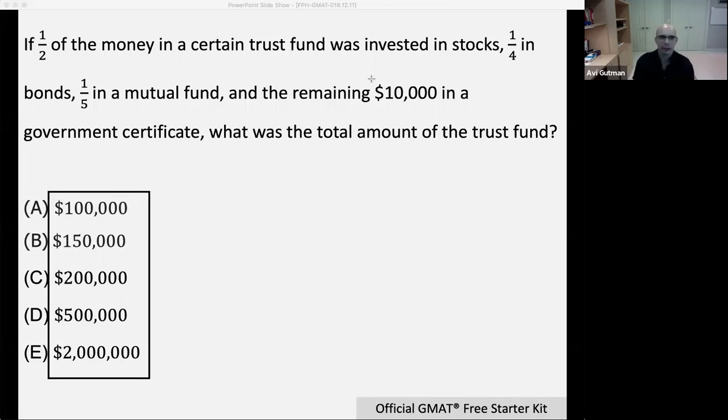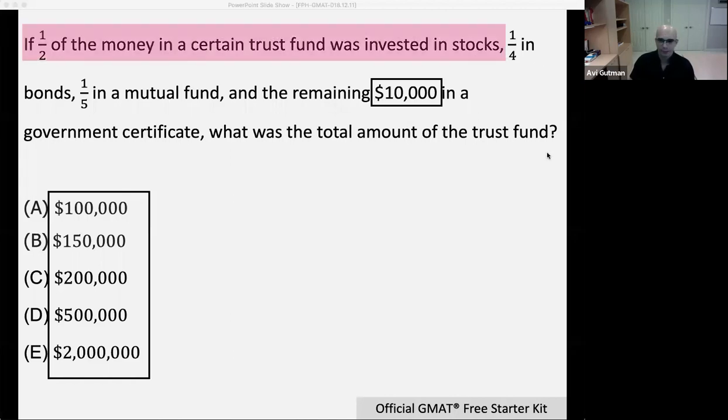There's really only one actual number in the question, so I'm going to have to use it at some point to solve the question. But as I start reading the word problem, I would only read up to the comma, and I would say, okay, this is a ratio, so I've got a ratio of 1 to 2. What's the 1 and what's the 2? Well, the 1 is the investment in stocks, and the 2 is the total. So that's what I have so far.